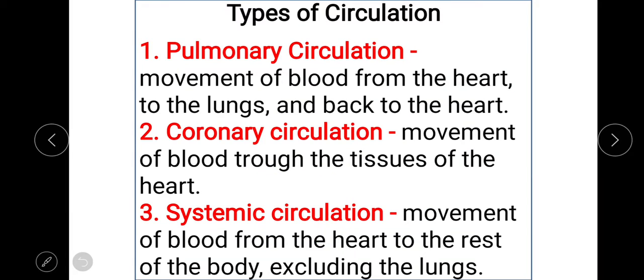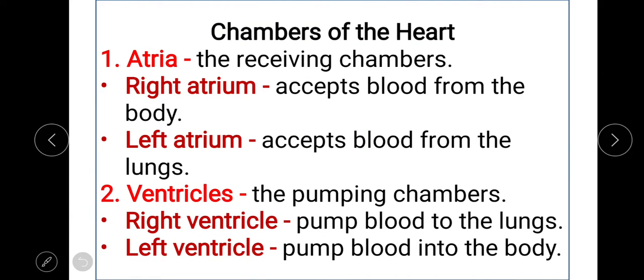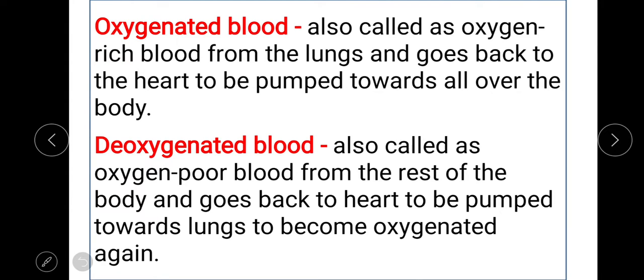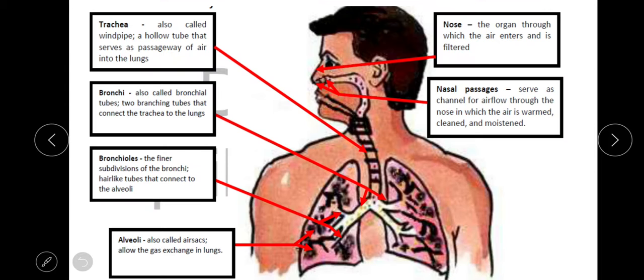Okay, next words. Okay, these are the different parts of our respiratory system. Just familiarize yourselves with them for future guide.